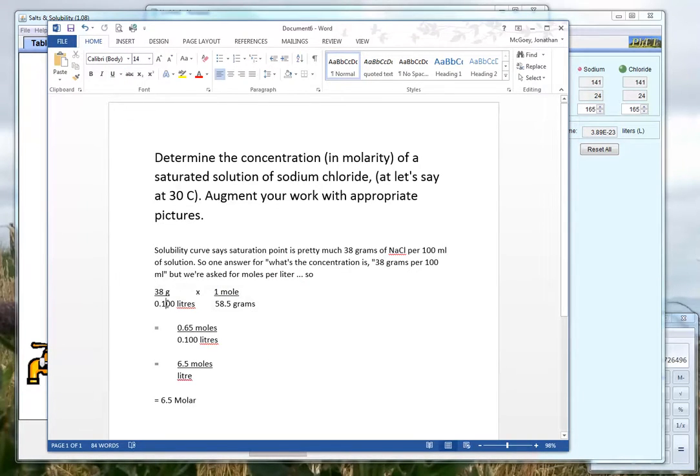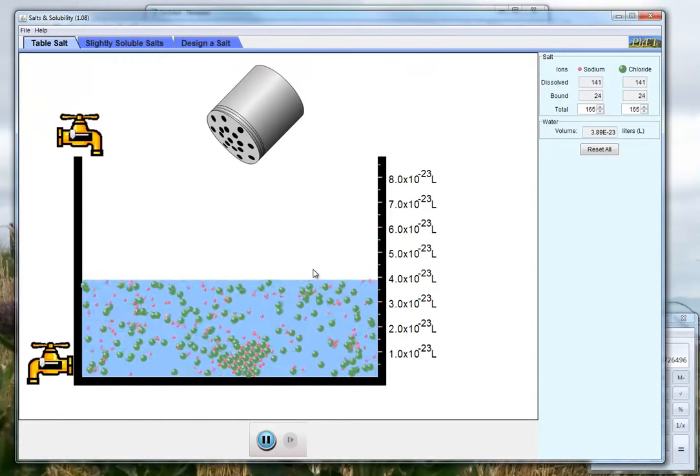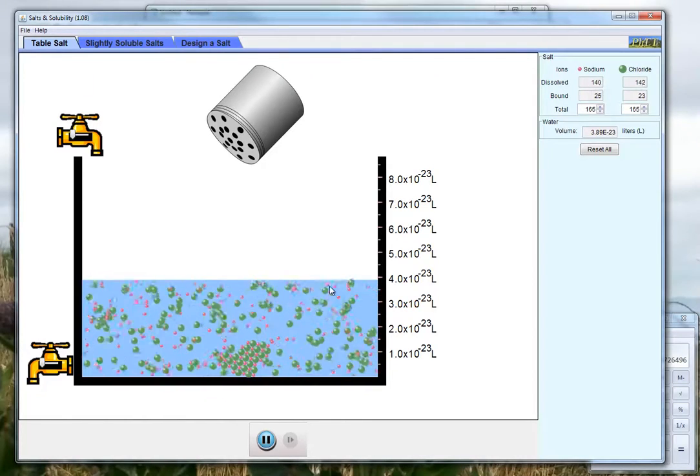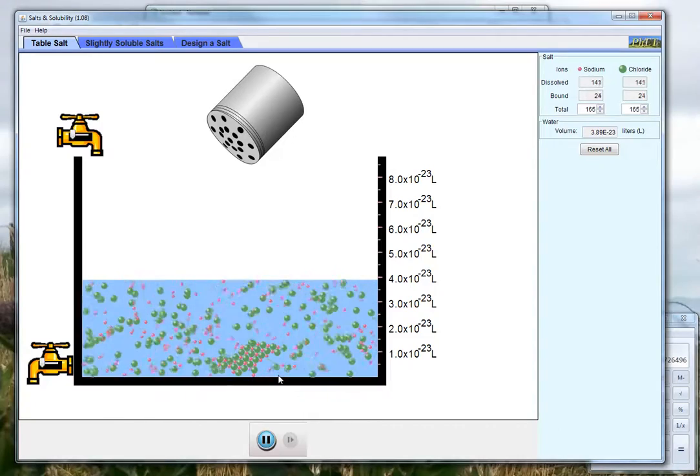Notice that it says 100 mL. So from one standpoint, you could say the concentration is 38 grams per 100 mL, and that's absolutely right, but look at what the 38 grams refers to. We're talking about 38 grams of stuff that's floating around. We're not talking about 38 grams entirely. We're saying 38 grams are floating around per 100 mL.